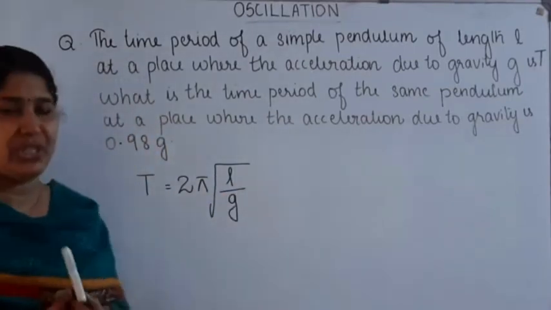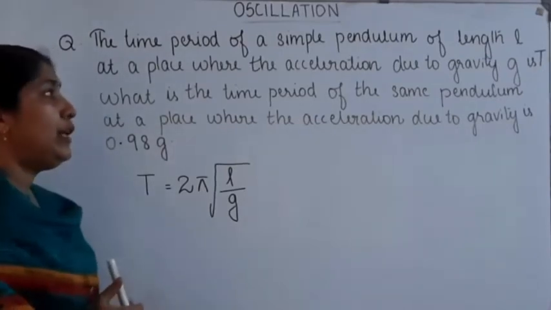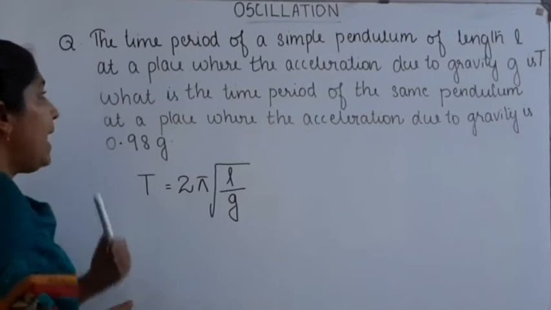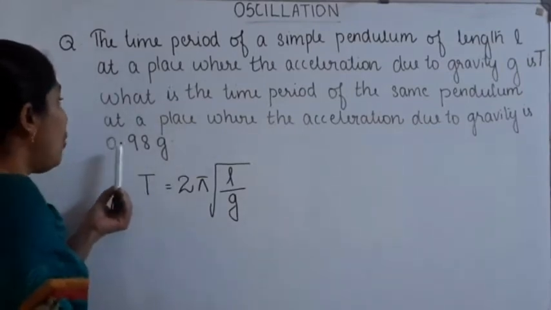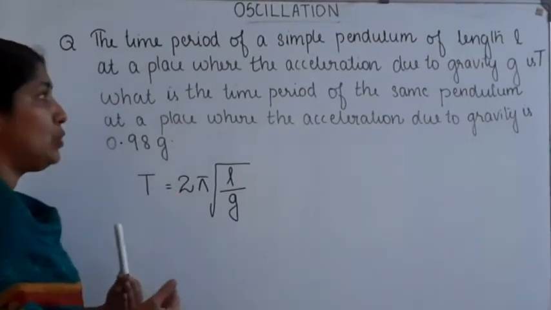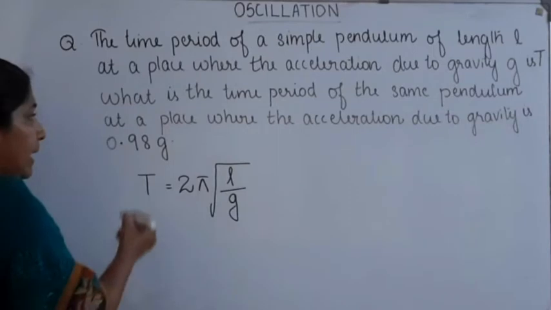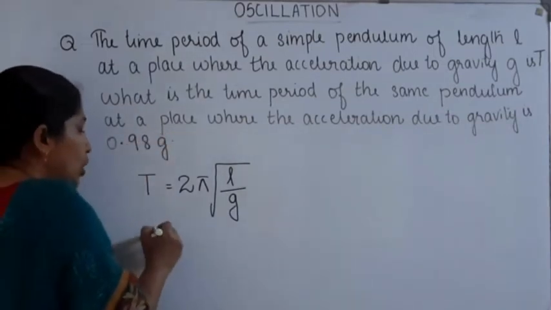What is the time period of the same pendulum at a place where the acceleration due to gravity is 0.98 g? Here the acceleration due to gravity is changed to 0.98 g. Then what about the new time period?